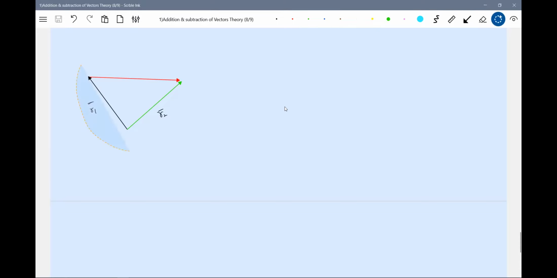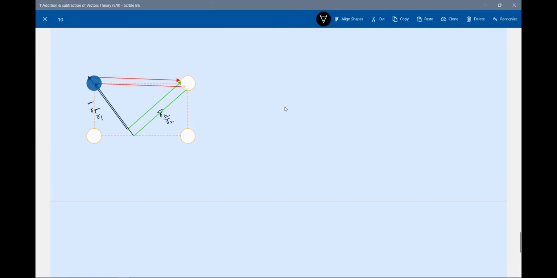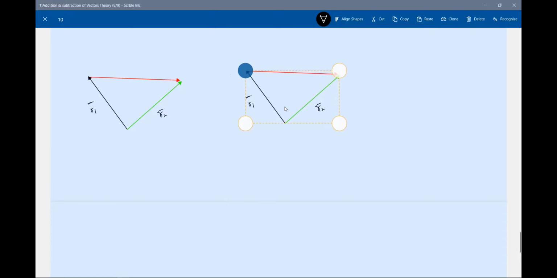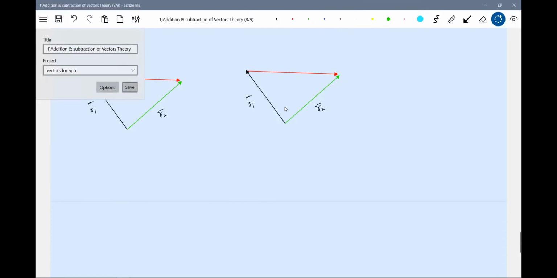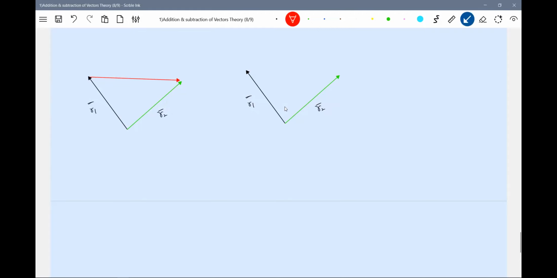Okay, similarly, this vector, what it can be. Now I'll carefully look at this one. To r1 bar, I'll add r2 bar minus r1 bar. I'll get the resultant r2 bar.